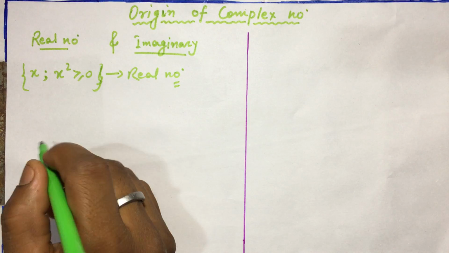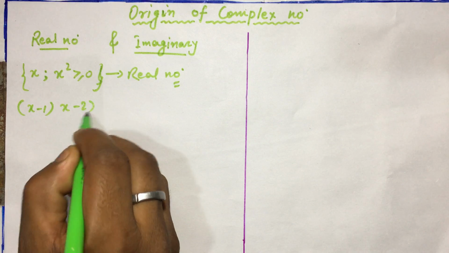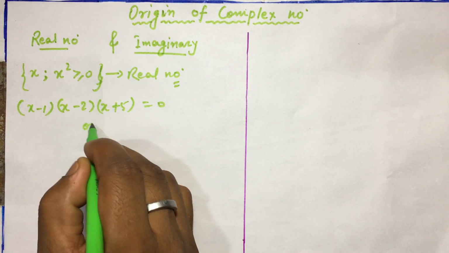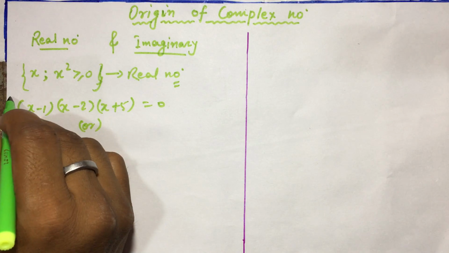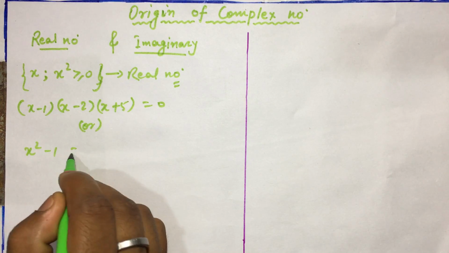There were equations like (x minus 1)(x minus 2)(x plus 5) equal to 0, or let us take one more example, x square minus 1 equal to 0.